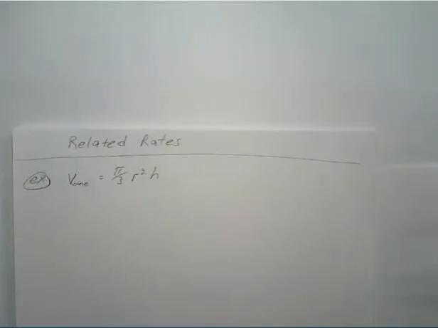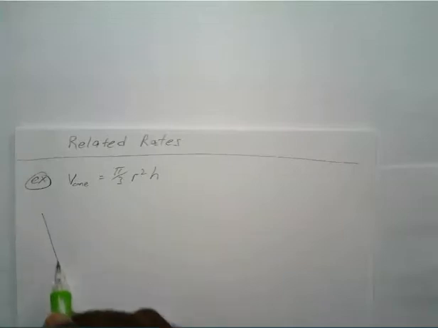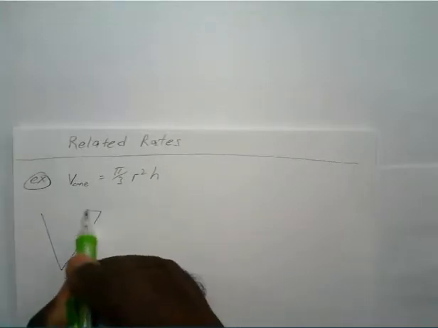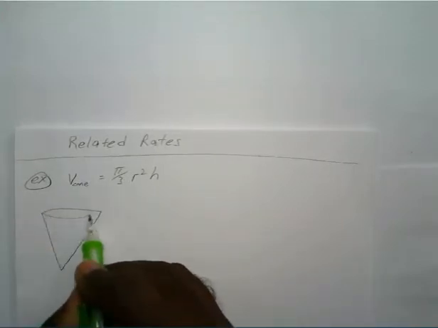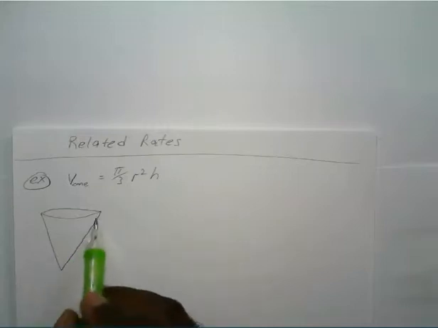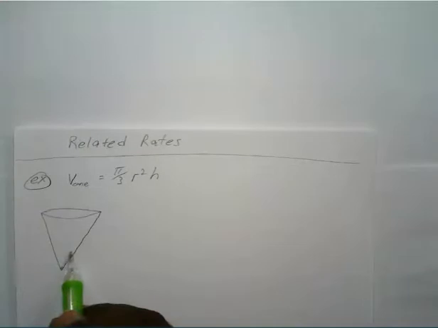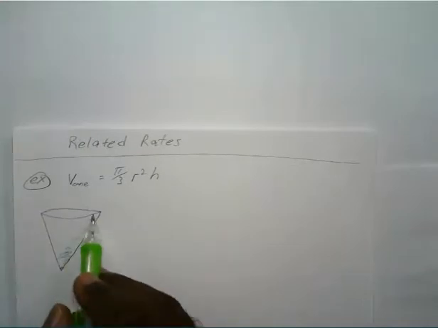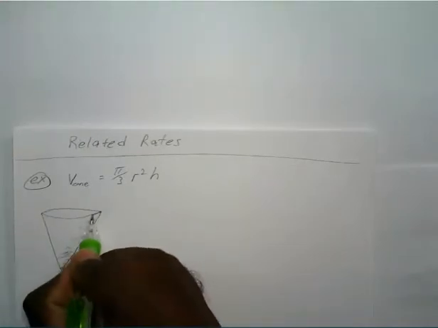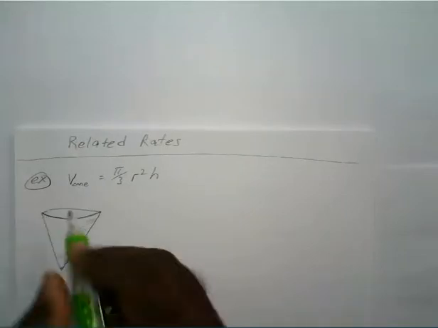Okay, so to help you visualize it a little bit, let's say we have our cone, and let's say that cone is filled up with some liquid. It could be water, could be anything.